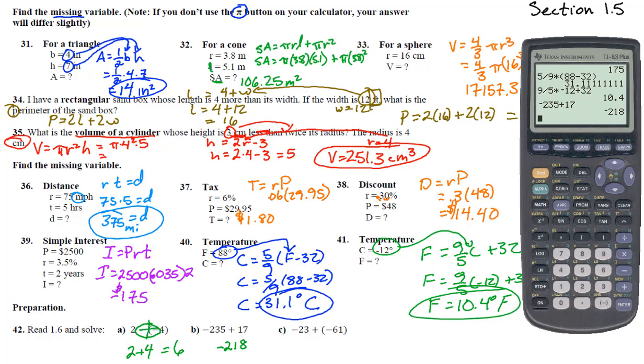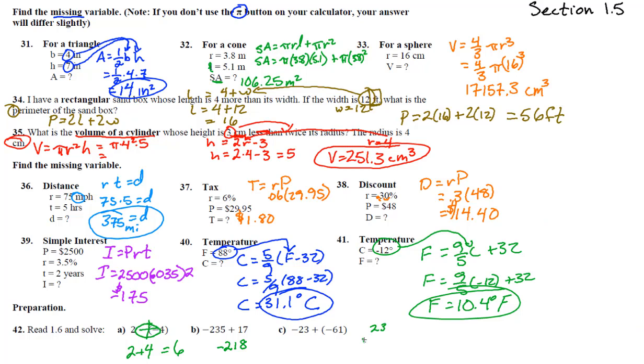And then C, here we have negative 23 plus a negative 61. These are both negative numbers, so this is actually an addition problem. 23 plus 61 is 84, but they're both in the negative direction. So it's a negative 84, and we only kind of did that to see that the values of them are adding together.